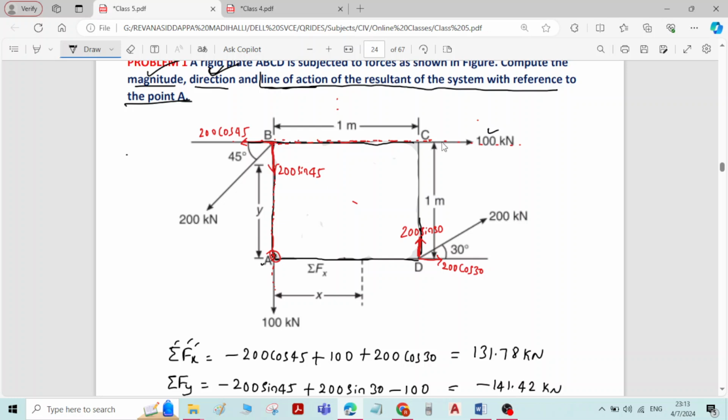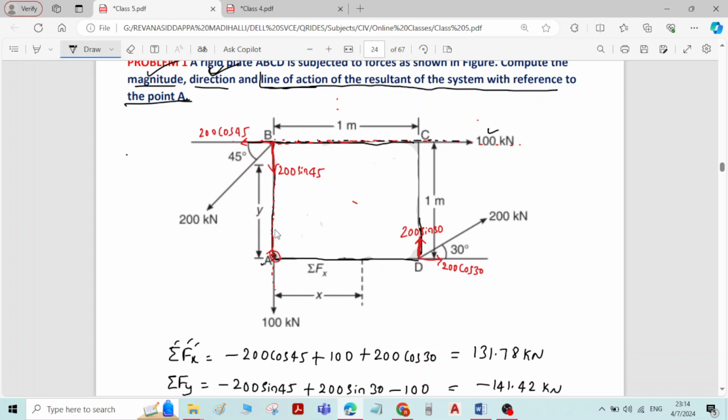And the 100 kilonewton force is horizontal, so the distance of point A should be vertical from its line of action. So the vertical distance of point A from the line of action of the 100 kilonewton force is 1 meter.